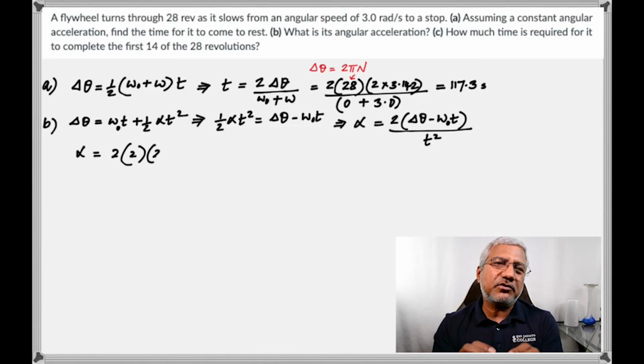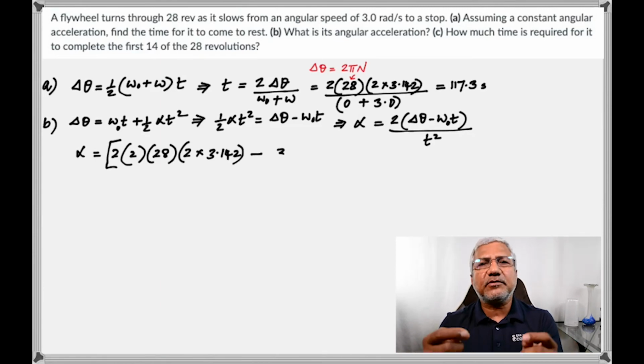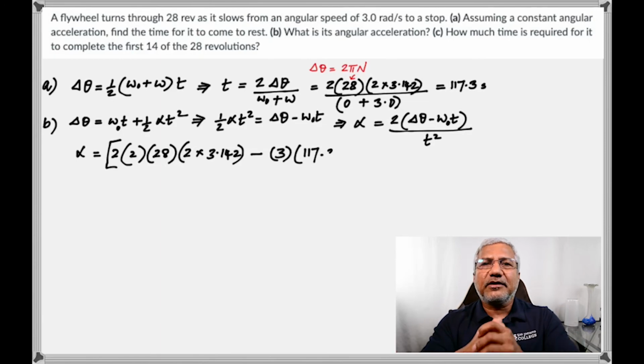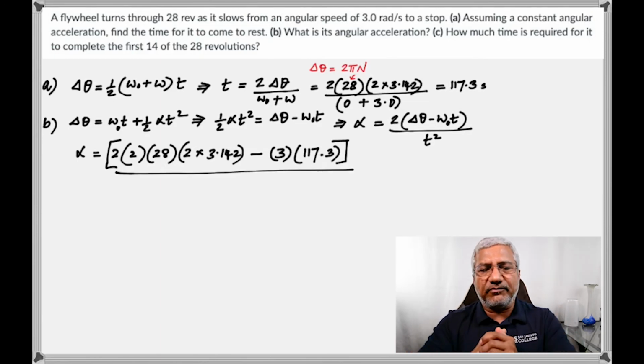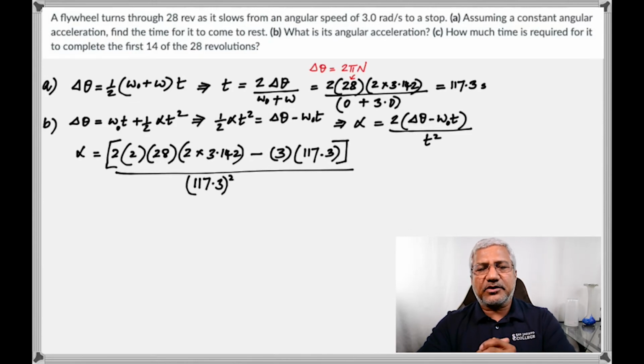See, when it comes to the part where you plug in numbers and calculate, I'm moving faster, as you may have noticed, because you have the ability to pause if you didn't understand, right? So I'm trying to reduce the time for the video in doing that. So I've done all that, square it, and the answer comes out to be 0.0255 radians per second squared.